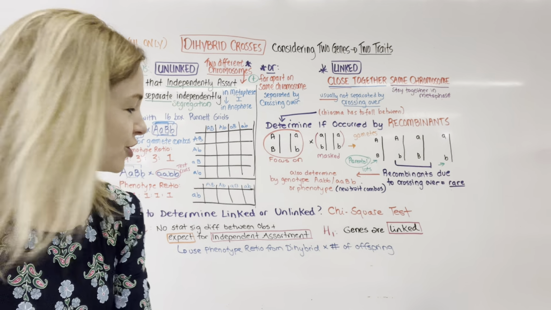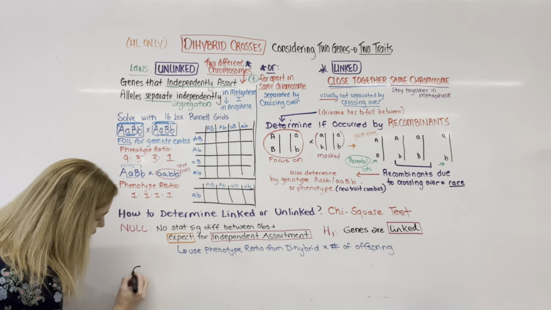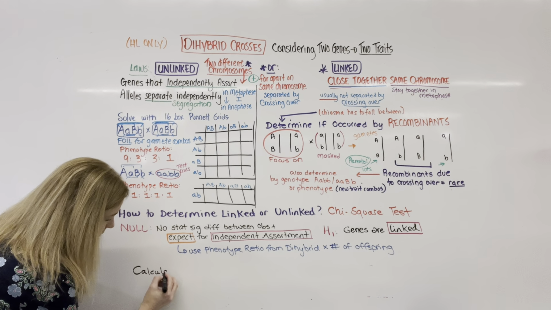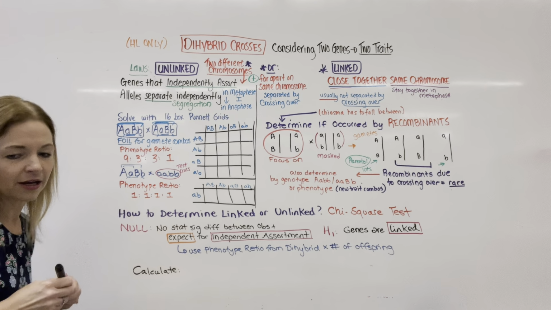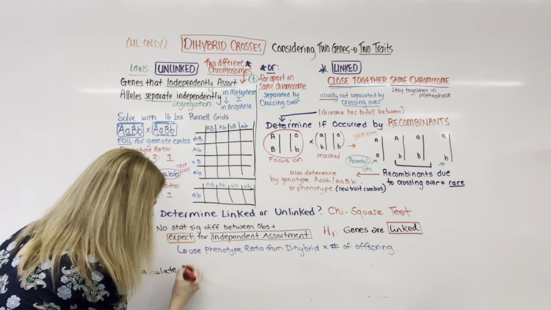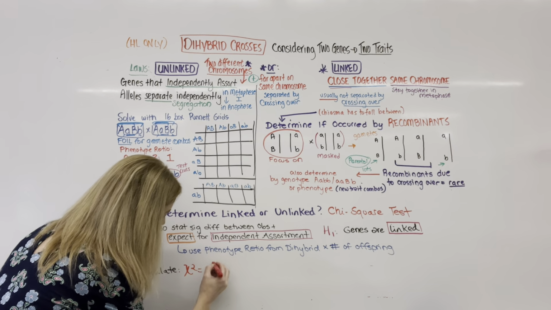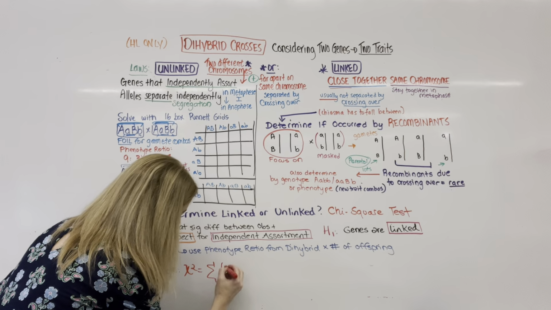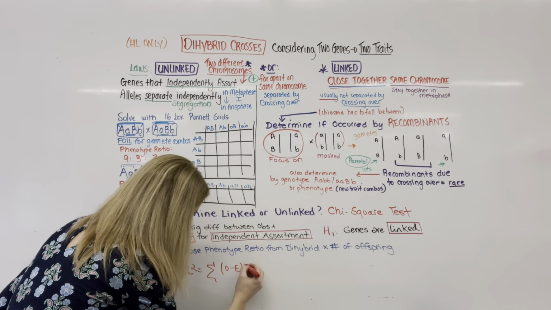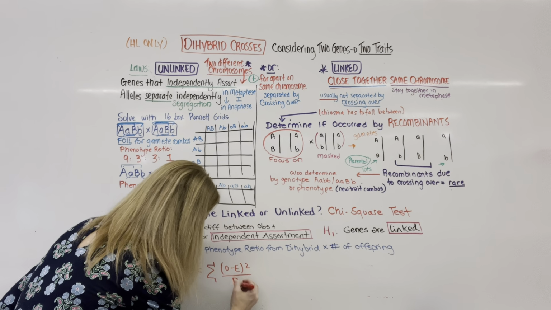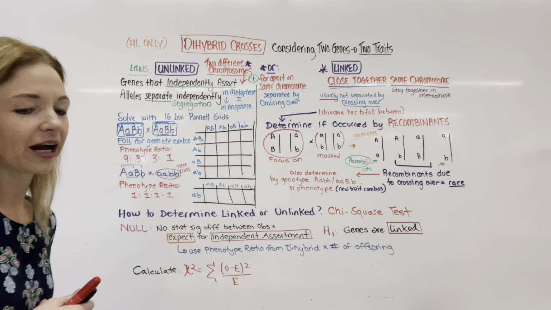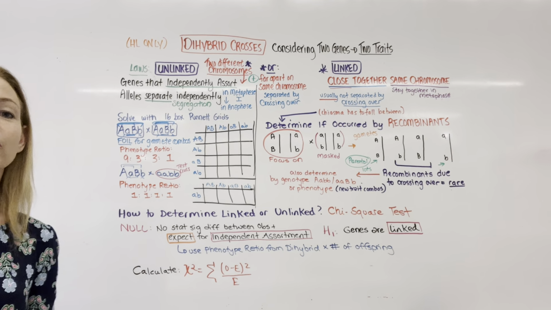Then you're going to use your expected and you're going to calculate chi-squared. Just a reminder that chi-squared is the sum of observed minus expected squared over expected. So that is our chi-square value, how we would determine that.